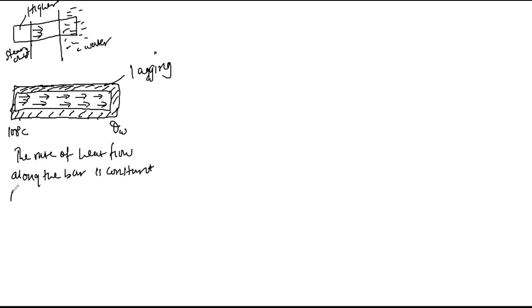Because there is no heat loss to the surrounding. So when we lag the material, we do not lose any heat to the surrounding. So if heat is not lost to the surrounding, it means the material has been lagged. So that means there will be a steady rate of heat flow throughout the entire bar. Why? Because it has been effectively lagged.